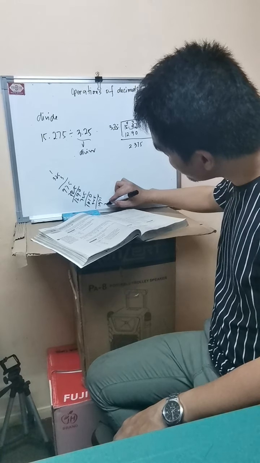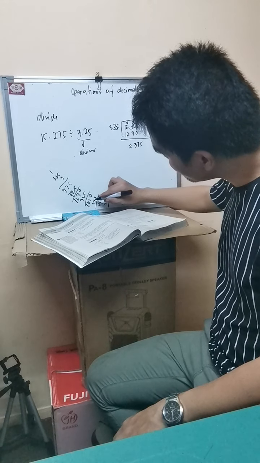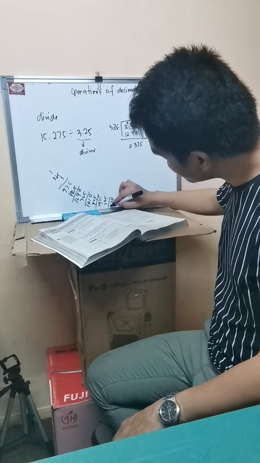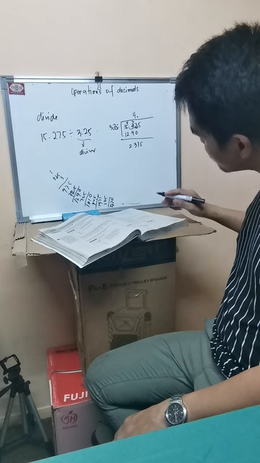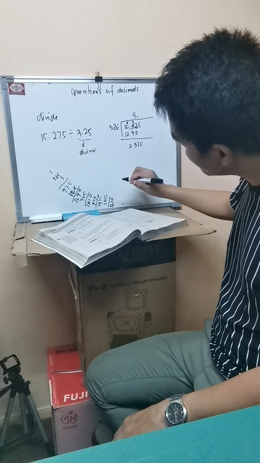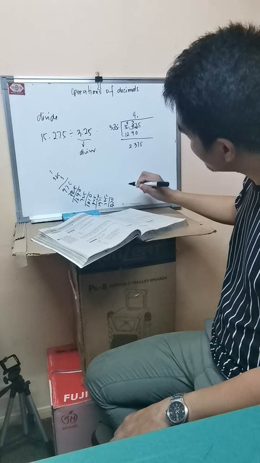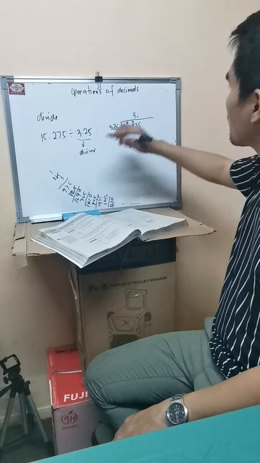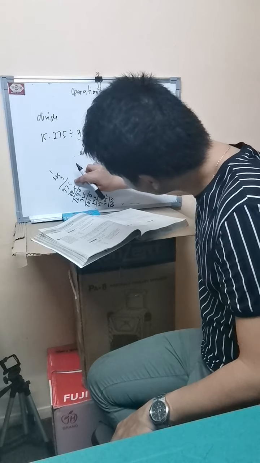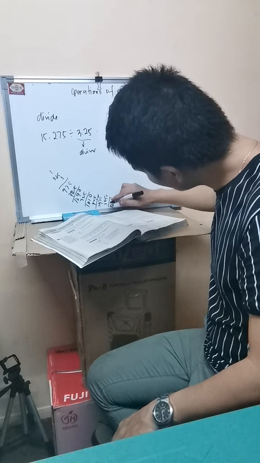Then plus 325, that is 0, carry 1. 5, 6, 7, 12, carry 1. So 200, so we have 1. Let's try 1, 2, 3, 4, 7. I think there's something wrong with the subtraction. Let's try.